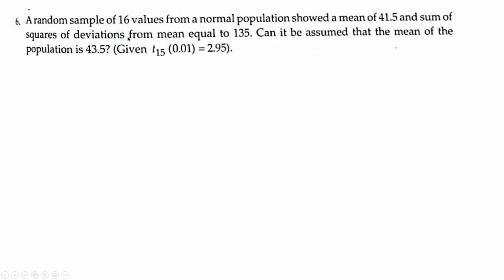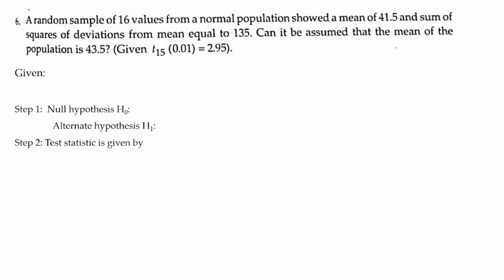So here it is given a random sample of 16 values from a normal population. This sample showed a mean of 41.5 and sum of squares of deviations from mean as 135. Now we have to test whether it can be assumed that the mean of the population is 43.5 at 1% level of significance.